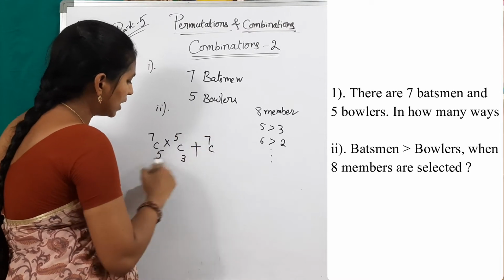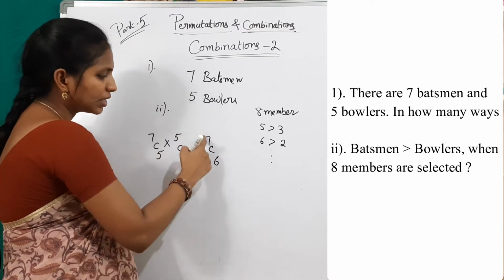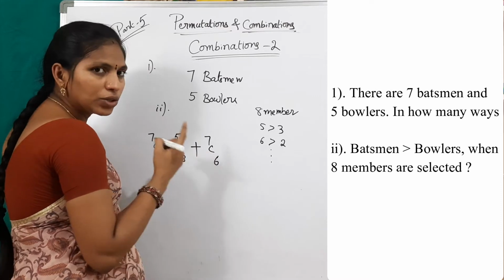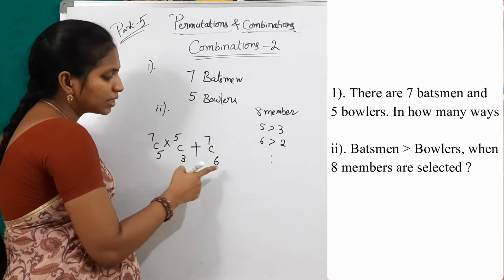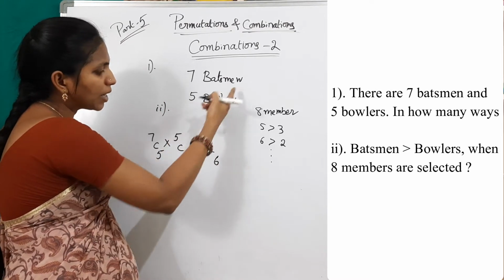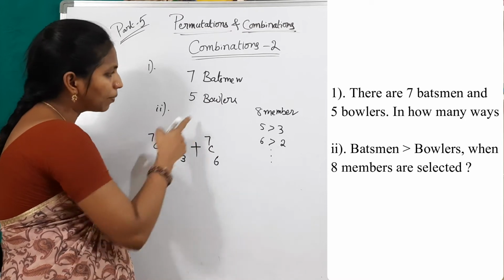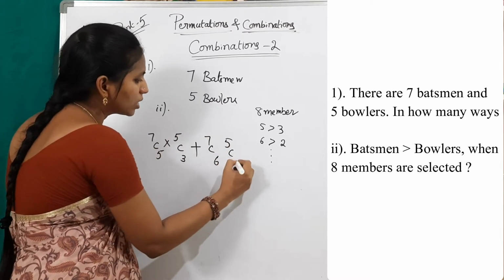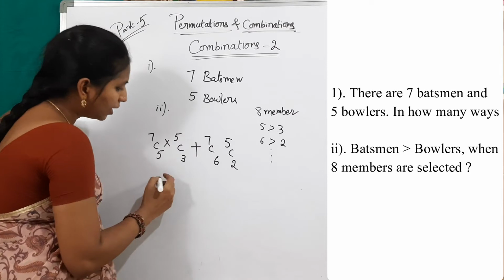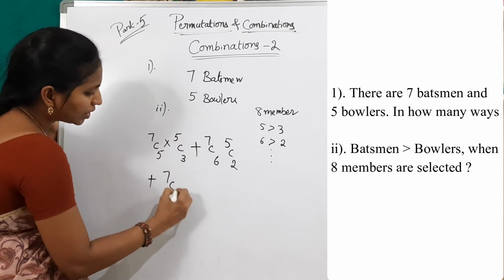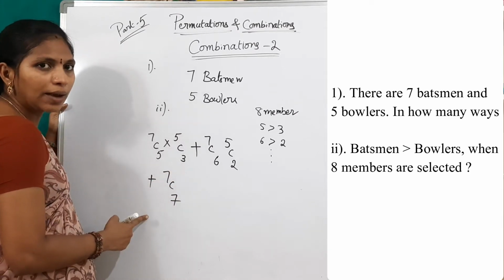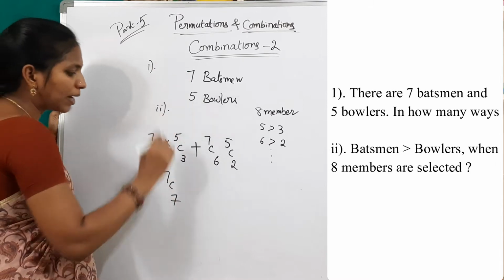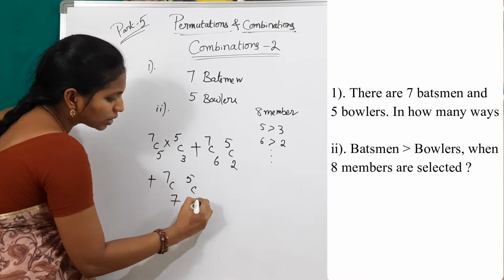So 7C6. We should select 8 members. 6 members are already selected from batsmen, so the remaining 2 members are from bowlers. So 5C2. And another way is plus 7C7. I want to select 7 members from batsmen into 5C1.